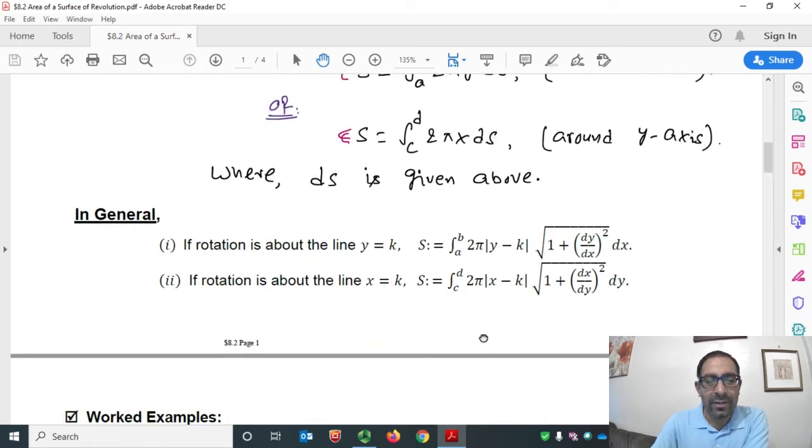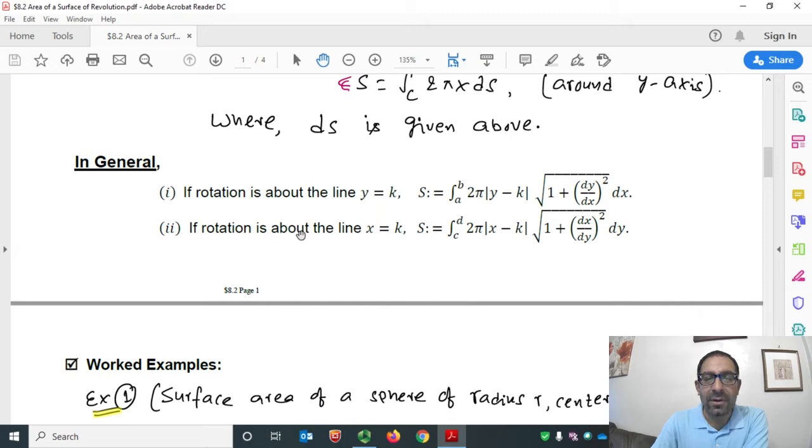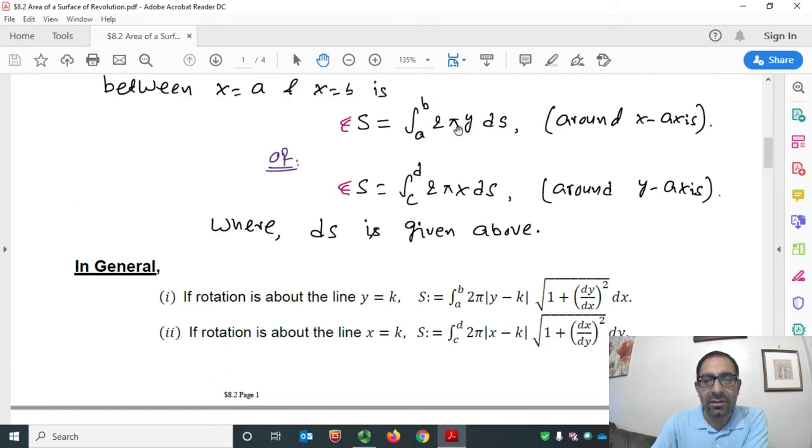In general, if the rotation is about the line y equals k, then our formula is here, exactly the same as what I talked about earlier. The expression under the radical is ds, and if we rotate around the x-axis, then k equals 0, so we only have the definite integral of 2 pi y.